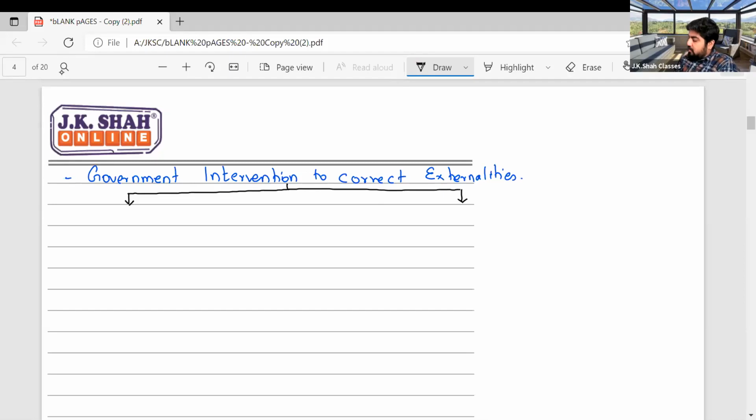Now, when we are talking about externalities, there are two types of externalities. One is negative externalities.